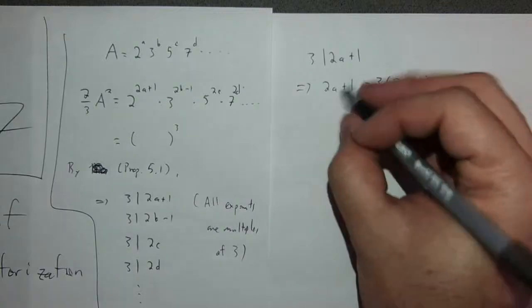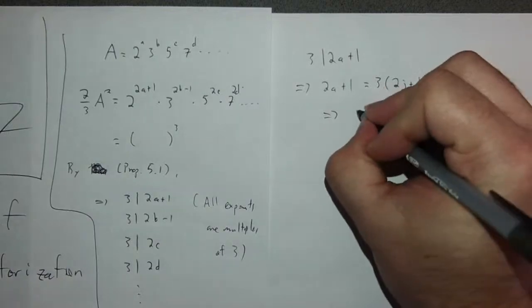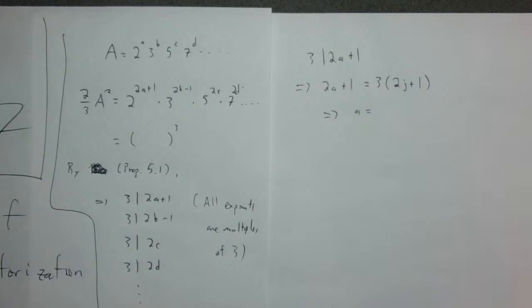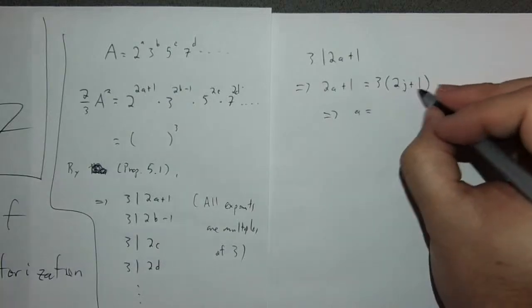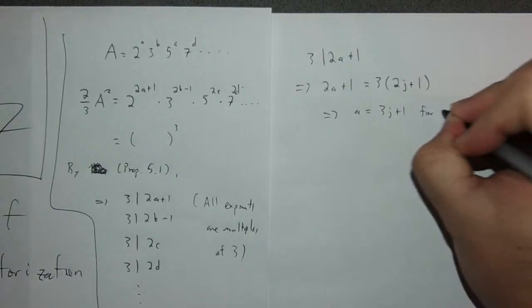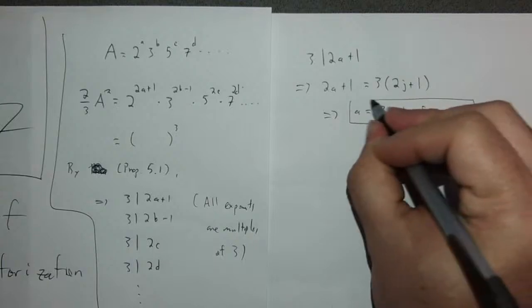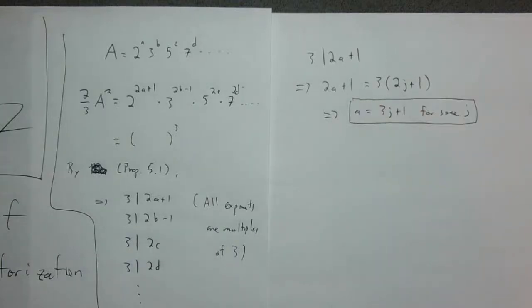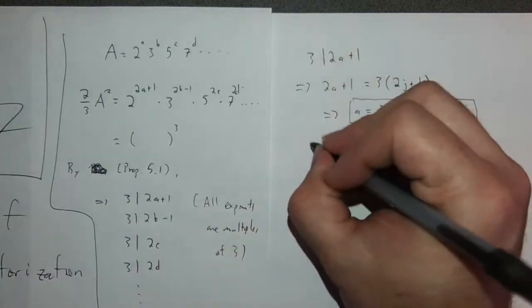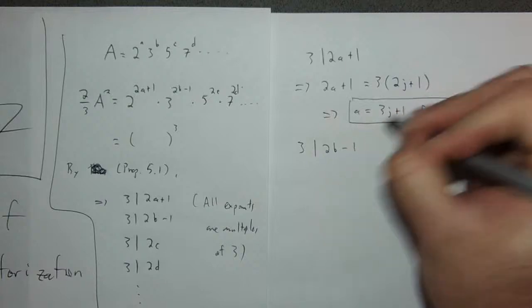But if you solve for a here, then this means that a is like 3j plus 1 for some j. Okay. And just going down the line, 3 divides 2b minus 1.